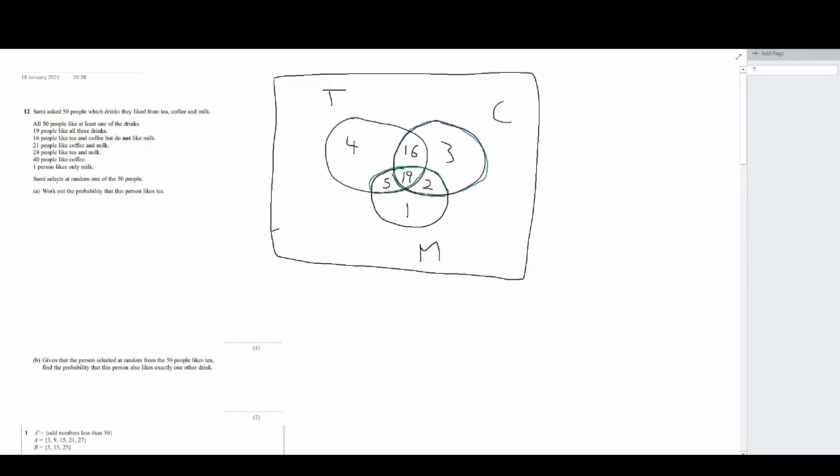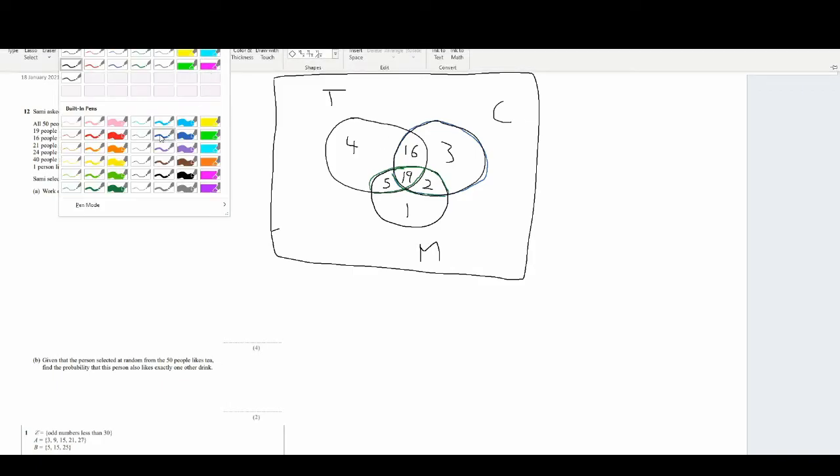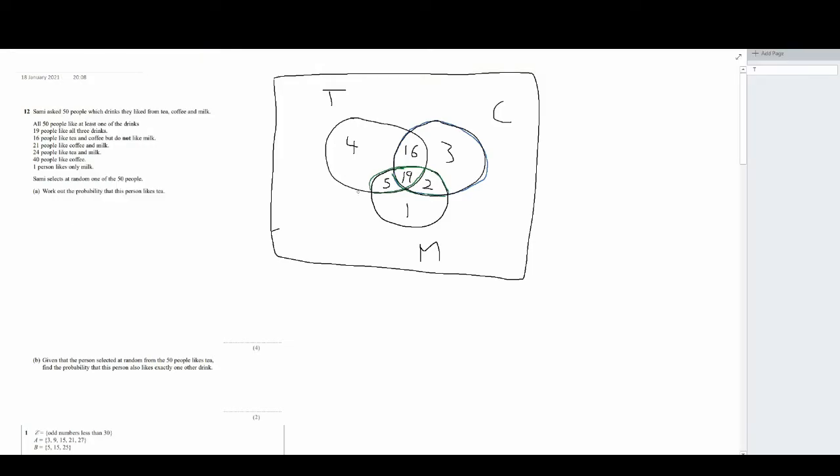Okay, now let's actually deal with the question, now that we can actually do it. Sammy selects at random one of the 50 people. Work out the probability that this person likes tea. So out of 50, these are all the people who like tea. Let me see if I can get a different color. Let's go with a nice little pink. All of this is the T circle.